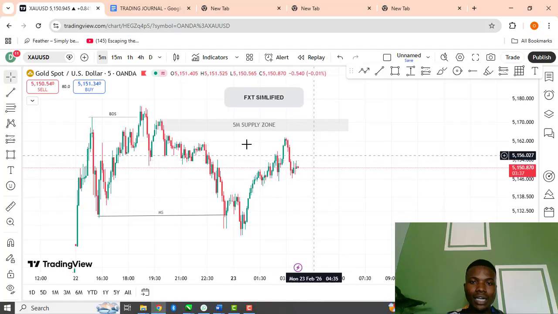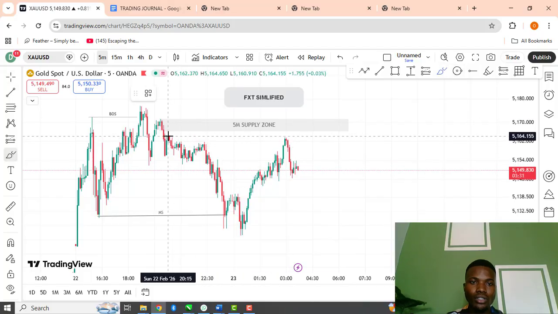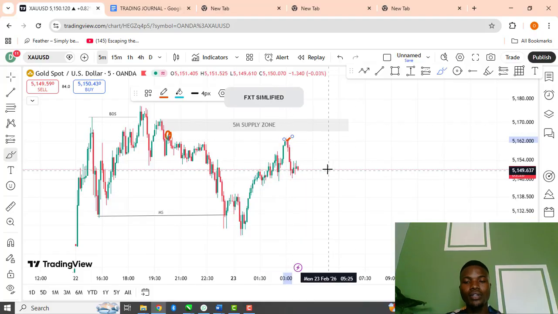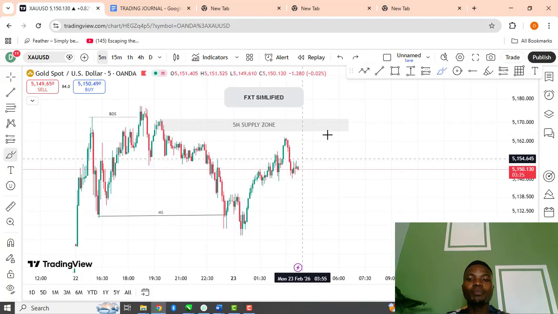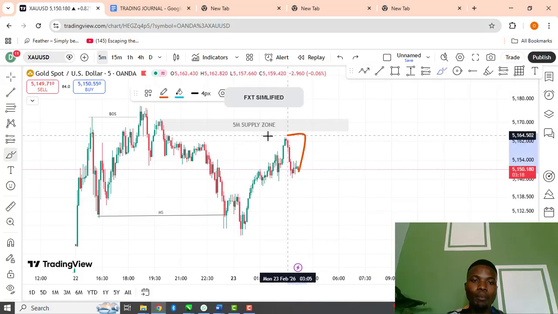You can see that price actually creates a double top around here. This is a top, and this is another top around here. So we are going to expect price to come and sweep the liquidity above this zone.